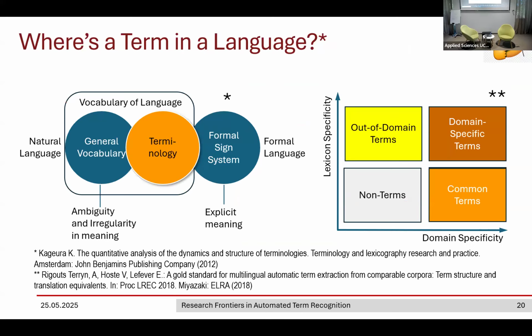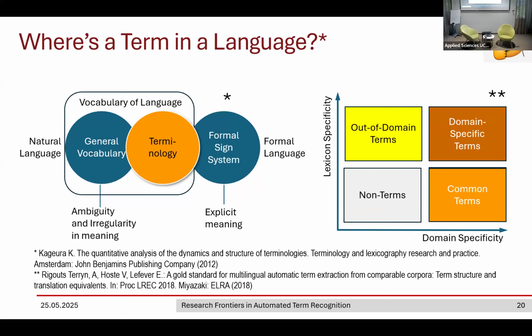As one can see here, terminology is in its major part within the vocabulary of language, which is a little bit more constrained than general vocabulary. And there is a slight overlapping between terminology and a general vocabulary.